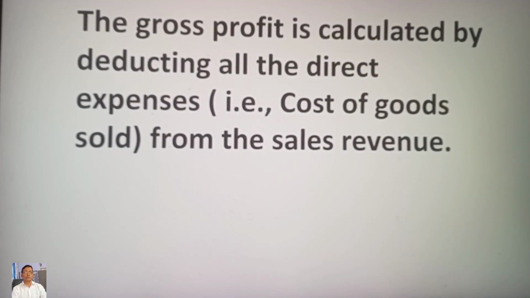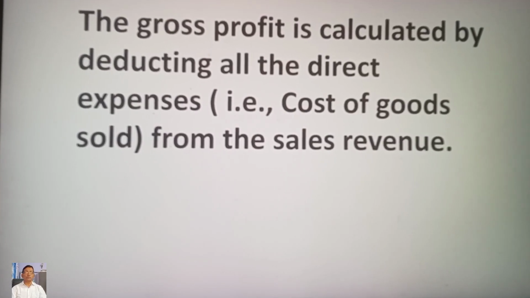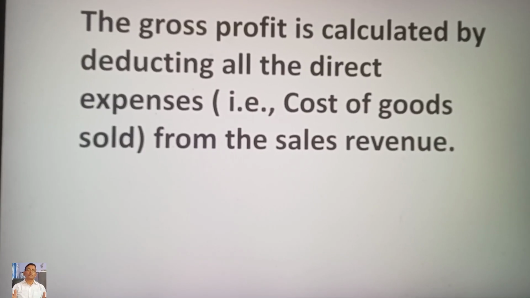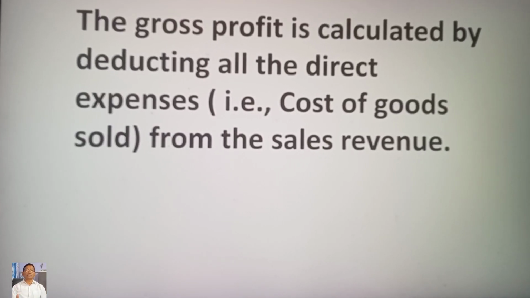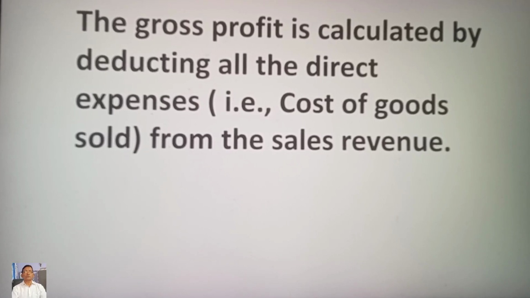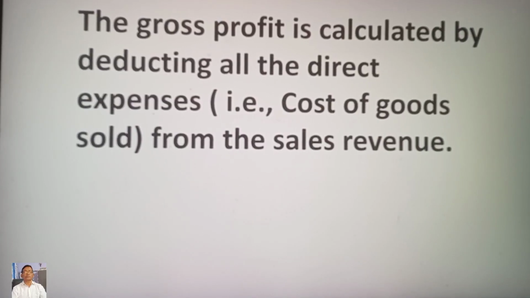The gross profit is calculated by deducting all the direct expenses, that is, cost of goods sold, from the sales revenue. The cost of goods sold primarily includes raw materials and the labor expenses incurred for production.